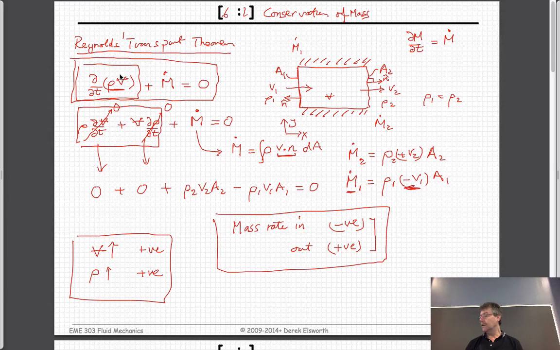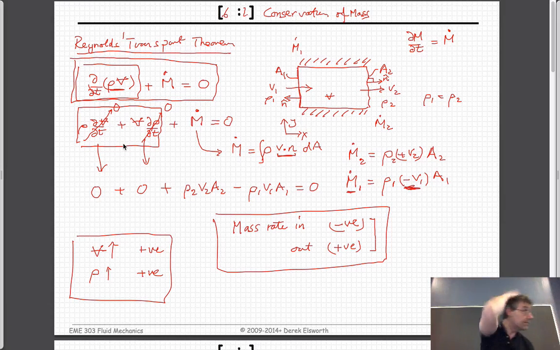Accumulation in two ways: either by pushing air into a closed container where the density of the air will increase but the volume of the container won't, or by pushing fluid into a tank where the density of the fluid doesn't change but the tank's volume will change because the surface rises. So both of those are accommodated for when we split this term into its two components.